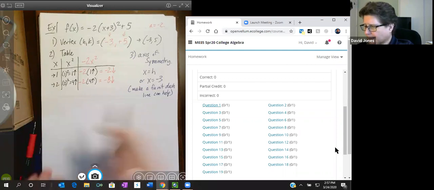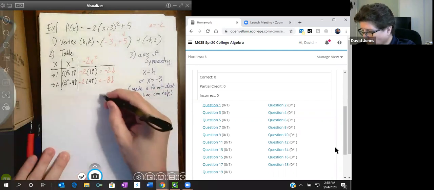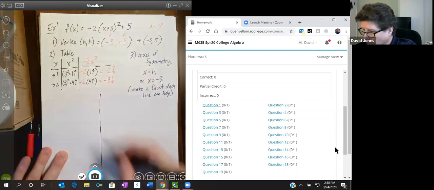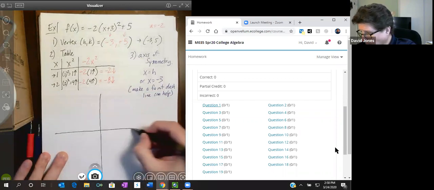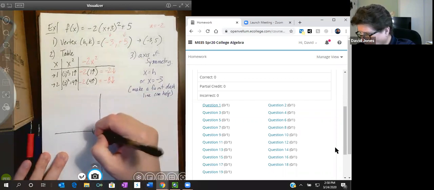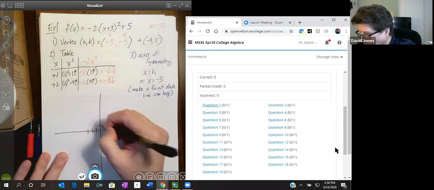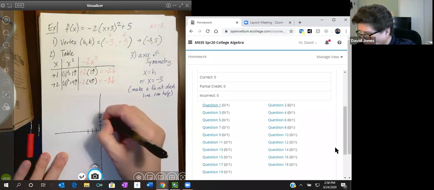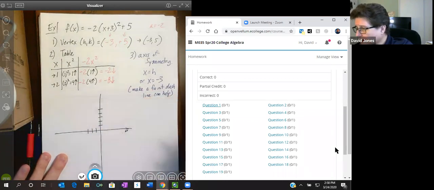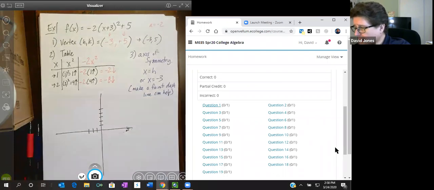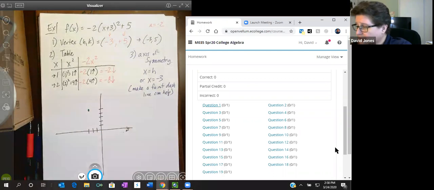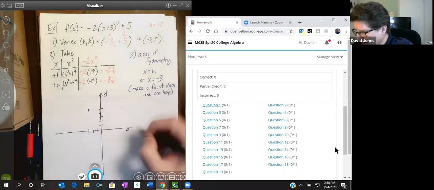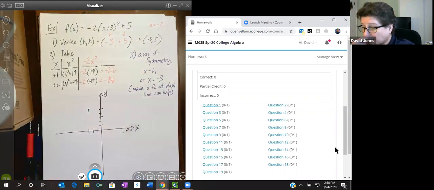Okay. My vertex is at -3, 5. I'm going to mark my y-axis, my x-axis. That's -3, 5.